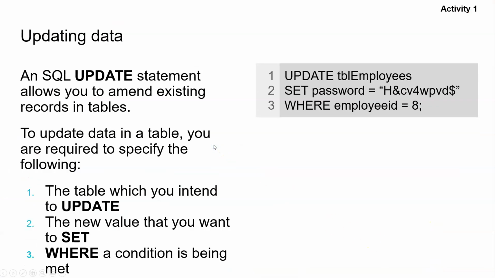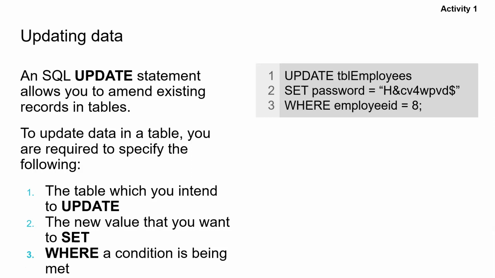The next one is about updating data, which is where you can amend or change existing records in a table. To update data in a table, you are required to specify the table you are intending to update, the new value that you want to set, and where that condition is met.